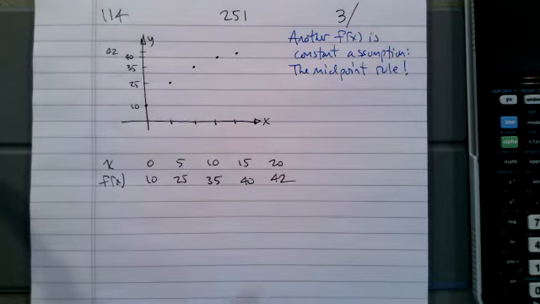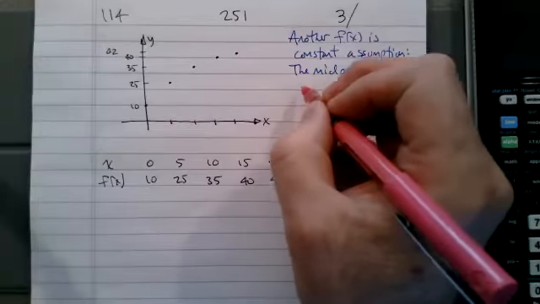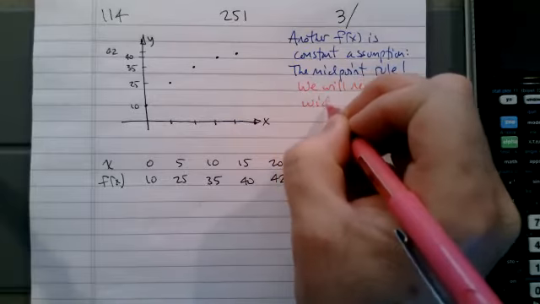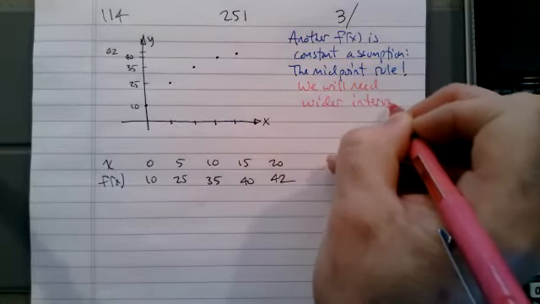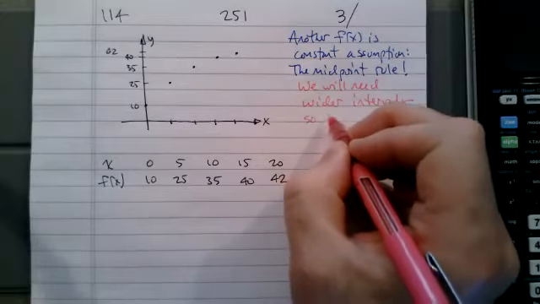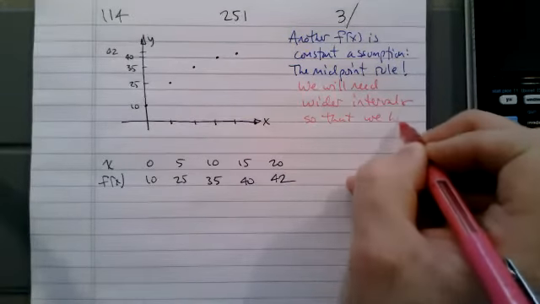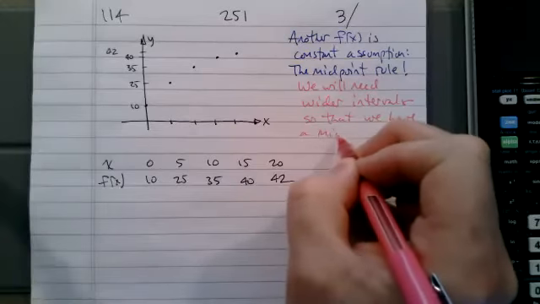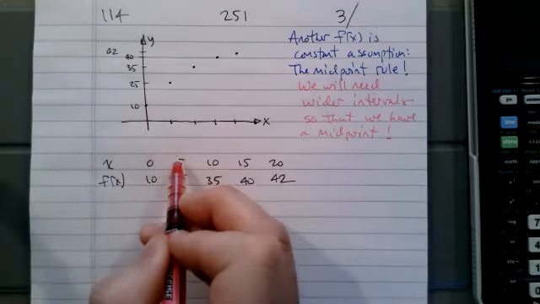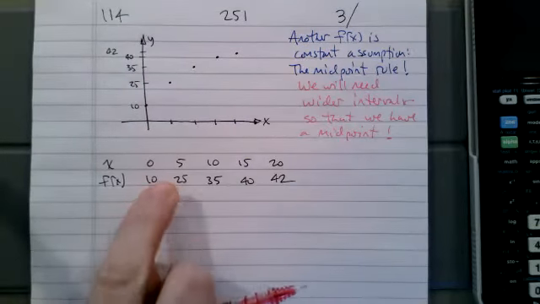So in this case, we will need to use wider intervals so that each interval has a midpoint. We have a value for the function that's at the midpoint. So I can't do delta x equals 5 because I don't know what's going on at the midpoint of this interval.